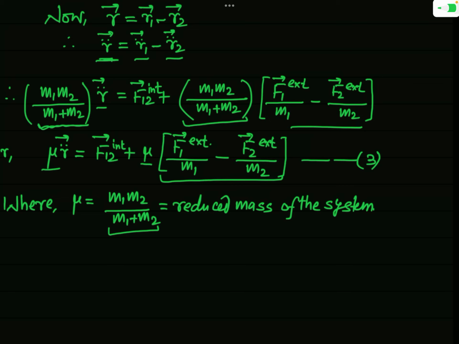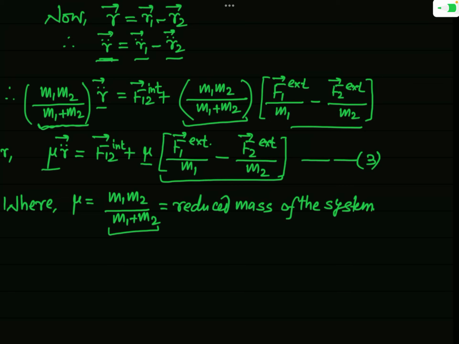In that condition, you will see that if we consider that the force exerted by the outside source, that is by m3, on the masses of our system, that is on m1 and m2, is actually proportional to their mass, then we will get a very simple result.